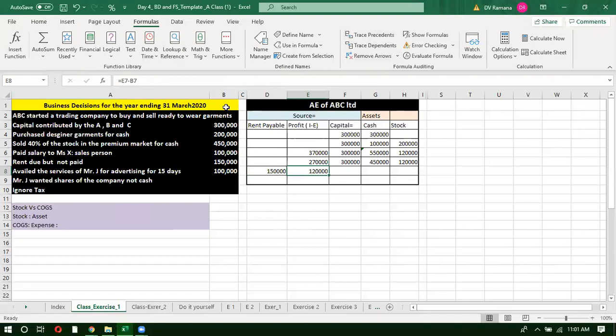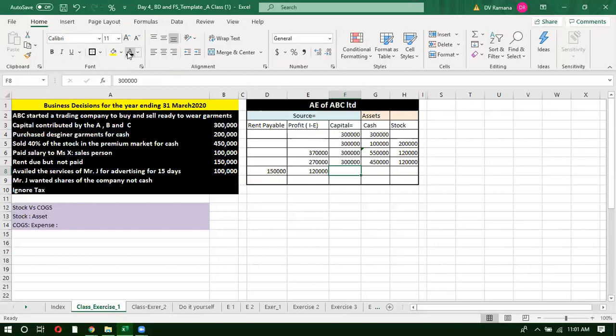Doesn't matter whether you paid or not, profit is equal to income minus the corresponding expenses. No change in the capital, no change in cash, no change in stock.